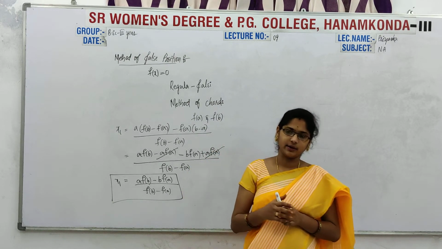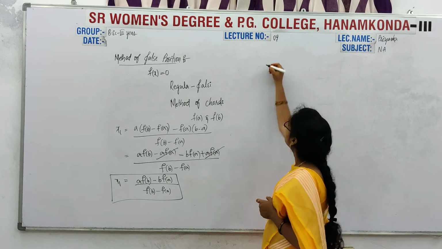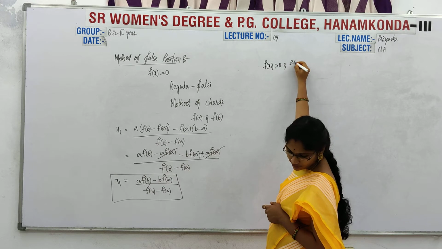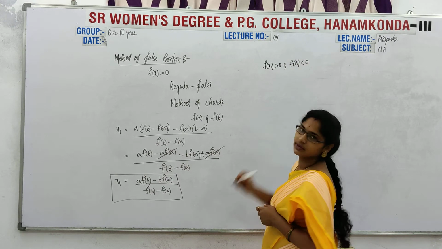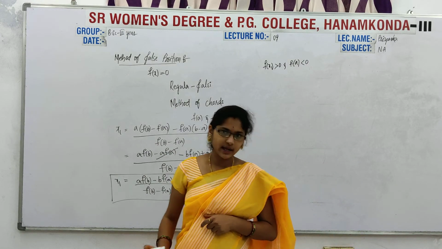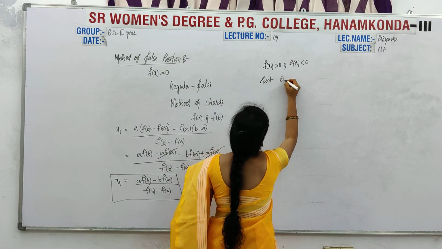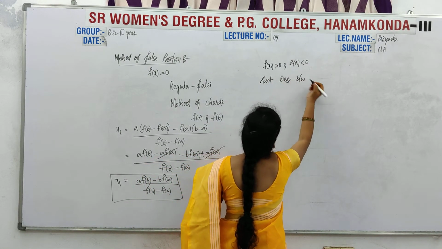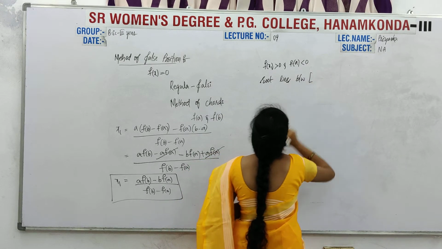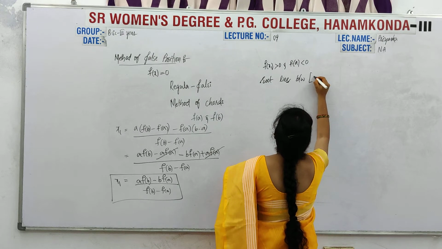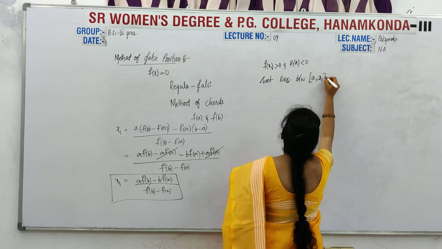In a simple way, write down. If f of x1 is greater than 0 and f of a is less than 0, then the root lies between a and x1. Just now I said it in a theoretical way. Now I am doing this one. Okay, now it is between a comma x1.